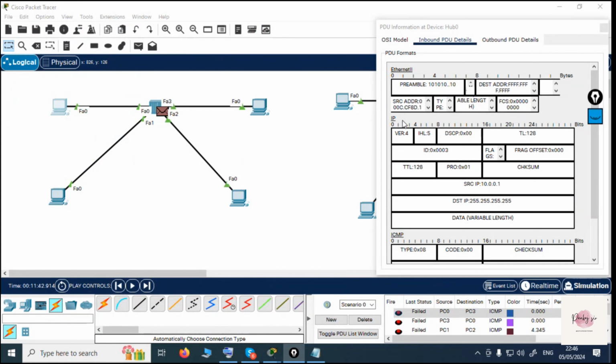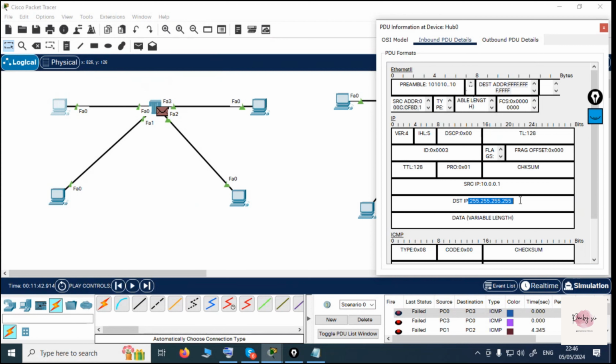Let us see. See, the source address is this and the destination address is FFFF. Without sending any ARP query or anything, it simply attached FFFFFF as the broadcast address. Getting it? Why? Because the destination IP address is the broadcast address.